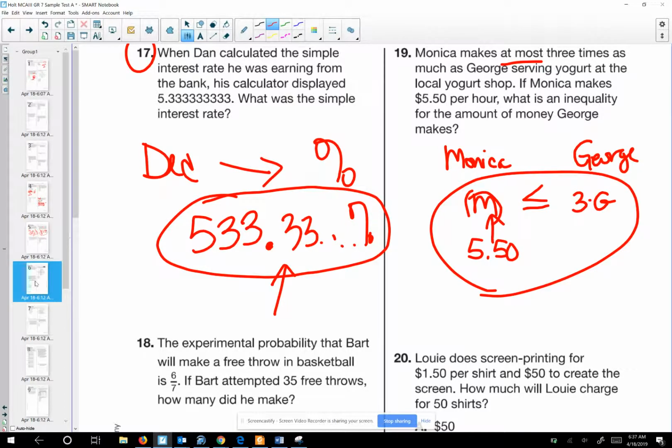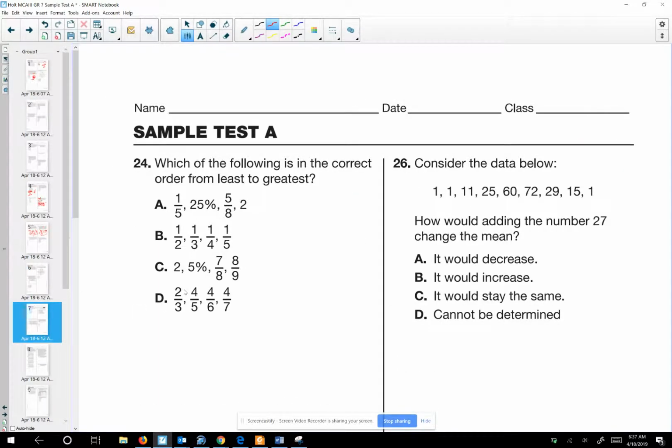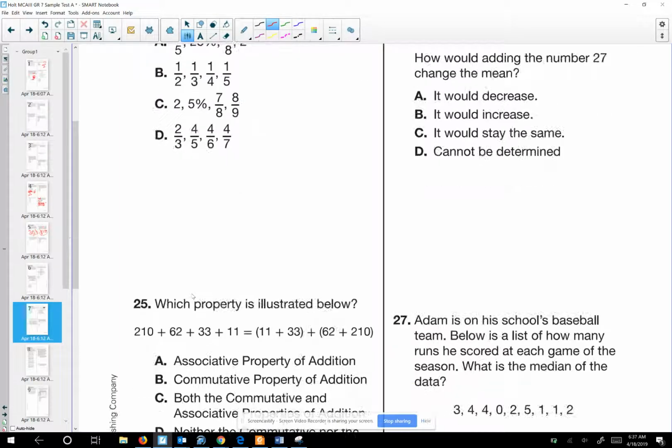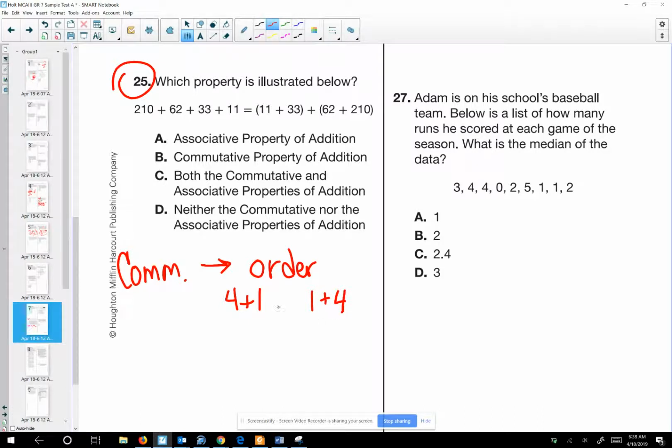I want you to jump to question number 25, which I think is a couple of pages here. Okay, we haven't talked about properties for a while, so here's what I want you to look at for number 25. The commutative property means you can change the order. Meaning if I wrote like 4 plus 1, that's got to be the same as 1 plus 4, because when you add, the order doesn't matter.